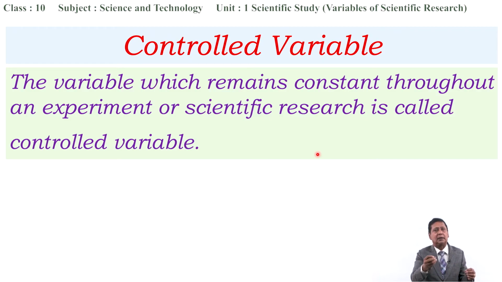In this way this variable, availability of sunlight, should be controlled. Otherwise how the growth of plant depends on water cannot be declared. Availability of sunlight is controlled variable.